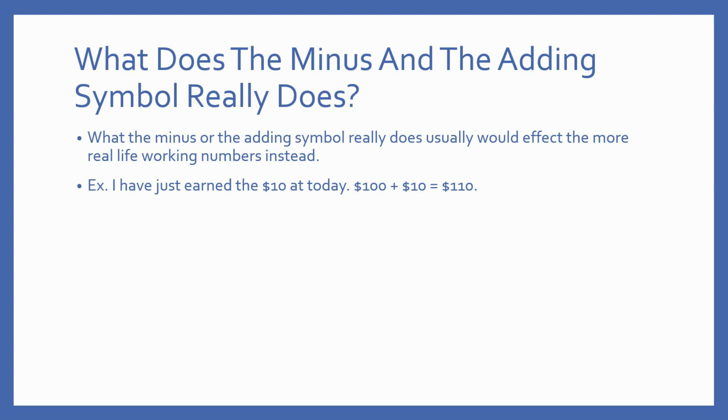For example, I collect a rock yesterday, I collect another rock tomorrow, then I've got two rocks in my house. For example, I have just earned $10 today. So $100 plus $10 equals $110 in total today.